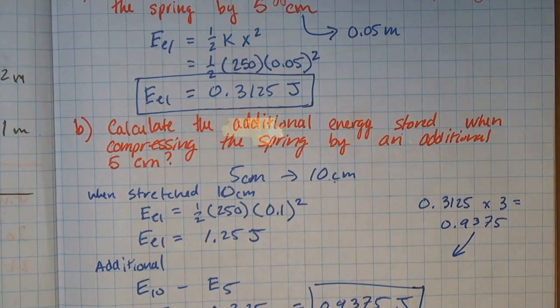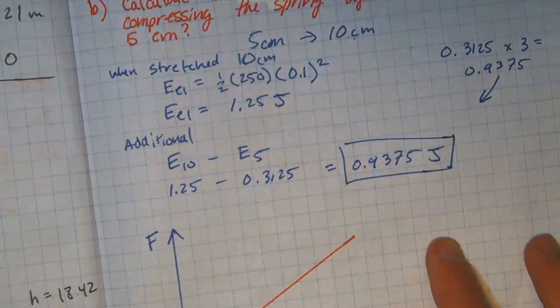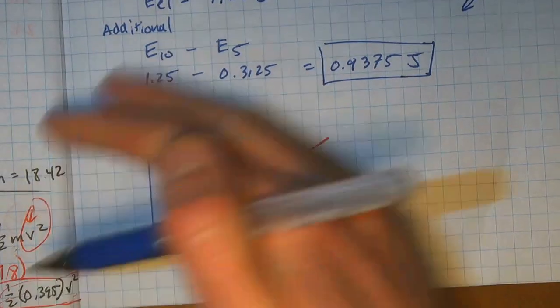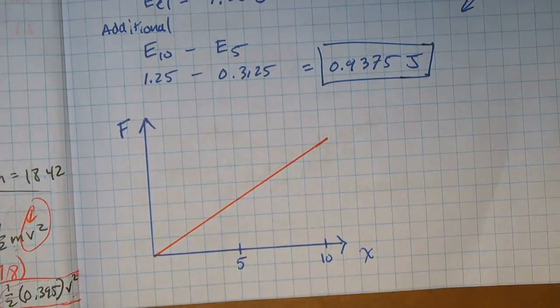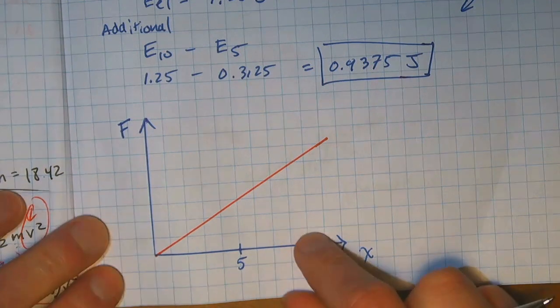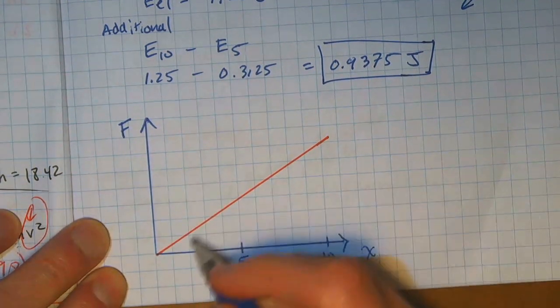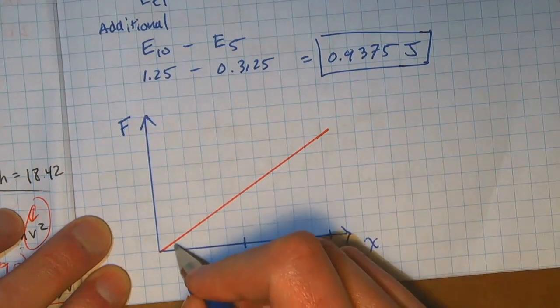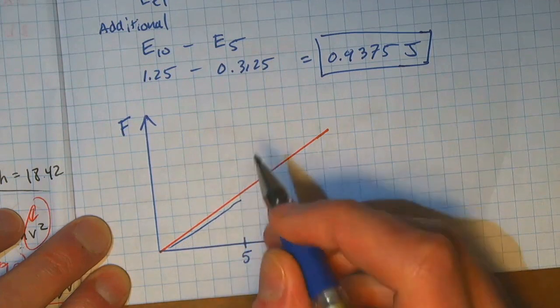And why is that? Let's take a look at this. So here's our graph. Note there's no labels on the forces, but that's okay. So let's just say that the amount of energy stored in the spring when you have it 5 centimeters is going to be a triangle. So let's just draw the triangle in here.